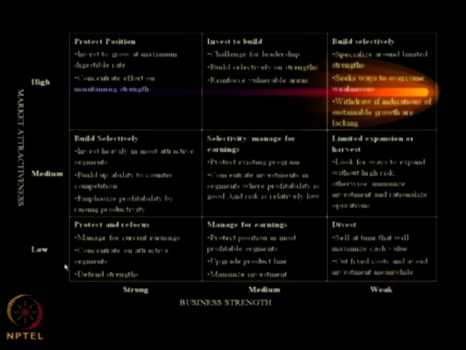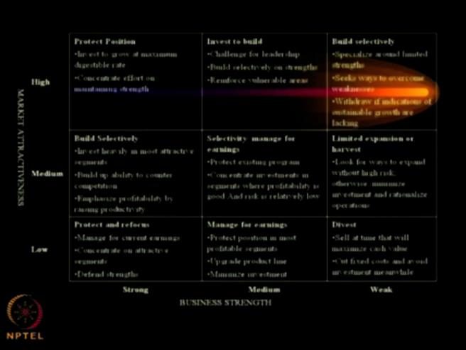In the market attractiveness, you are going from low to high. Let us say with respect to a particular unit of the company, your business strength is strong and the market attractiveness is also high. That means to say the growth of market can be expected to be above the average, that is above the average of 10%.